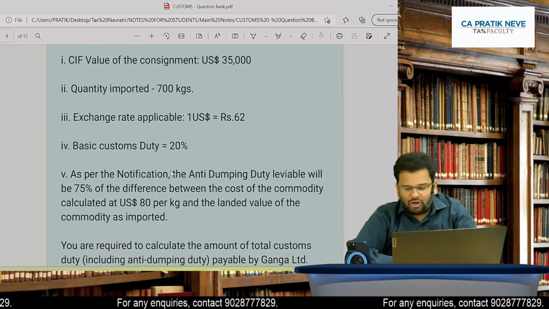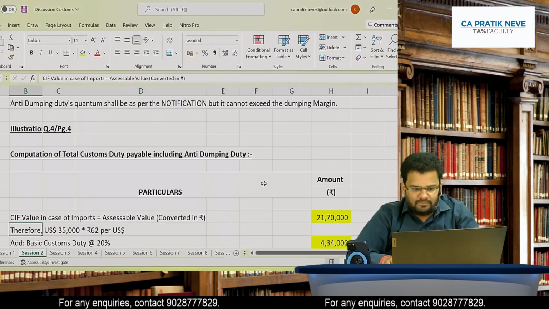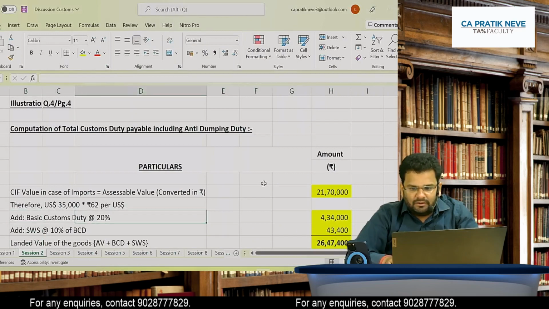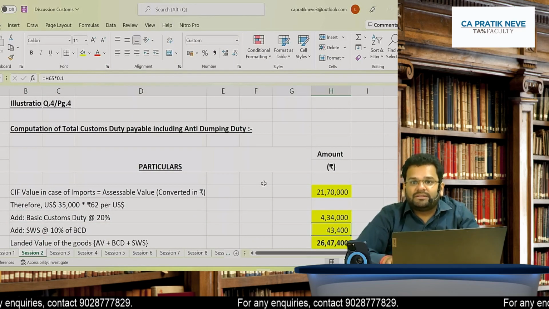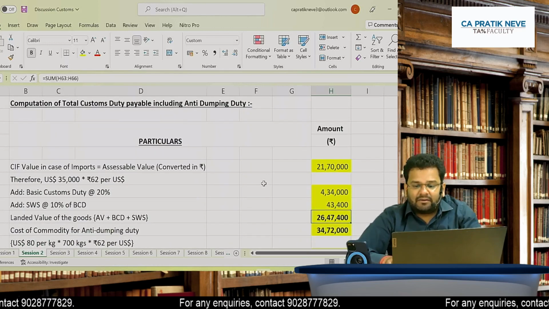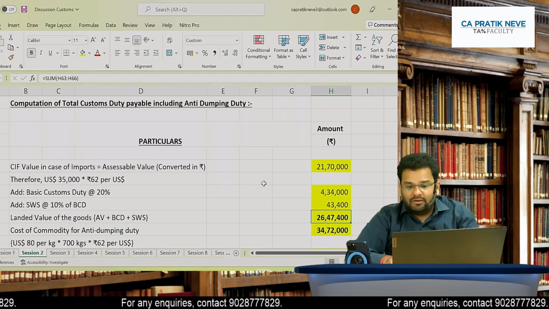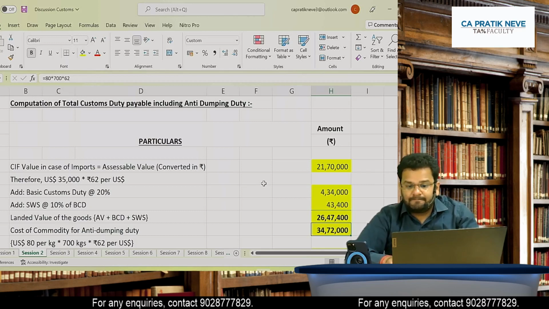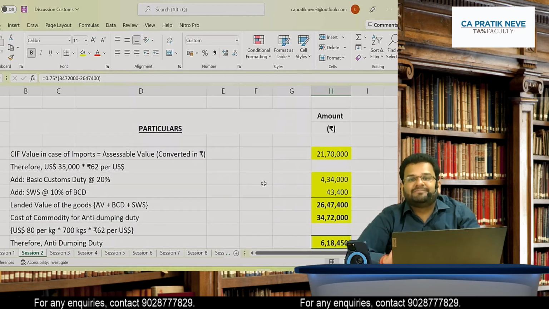So in short, friends, yes, check. And 43,400 will be the SWS. So for the Indian importer, the price will be 26,47,400. But in foreign, its price is 34,72,000. See the difference.